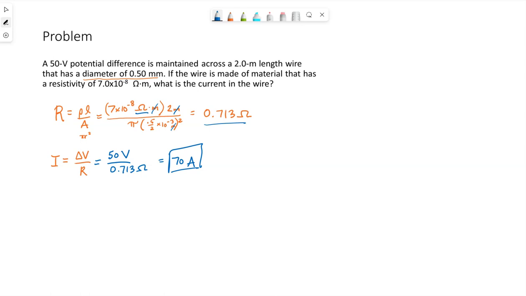Now, technically, all wires, even wires running from our outlet to our light bulbs, have some resistance, but ideally a very, very small amount.